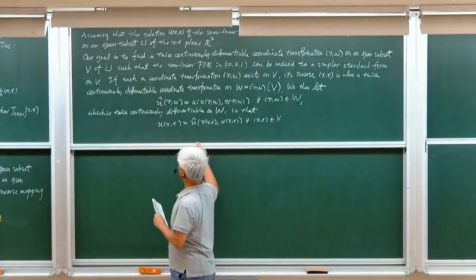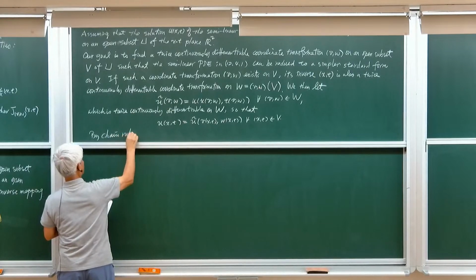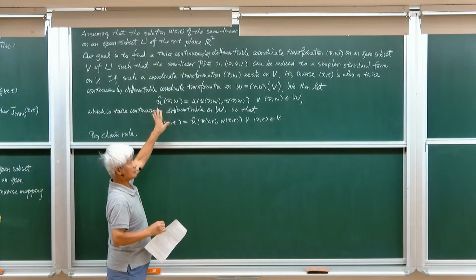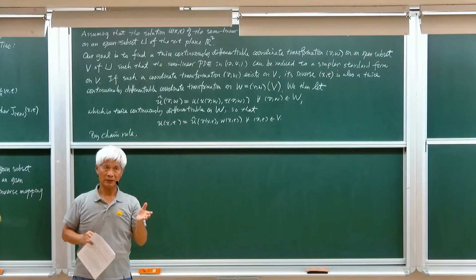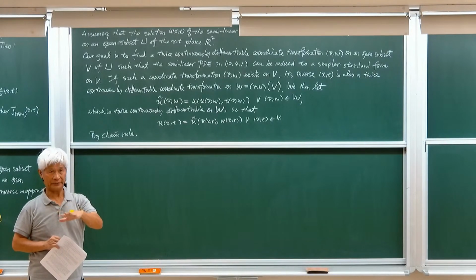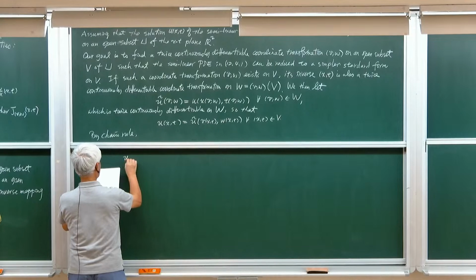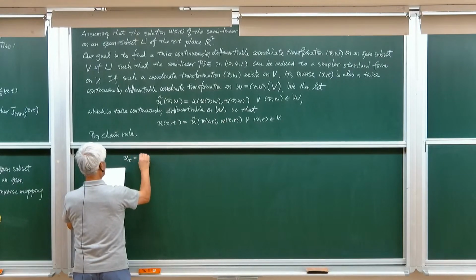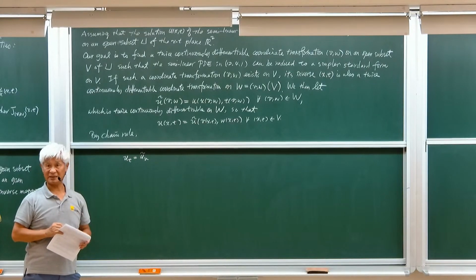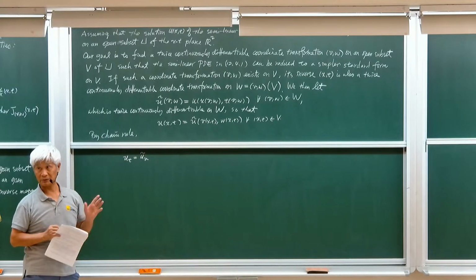All right, so by the chain rule, now we want to know that this U tilde must be the solution for the corresponding PDE in the VW plane. Okay. All right. So this is quite similar to what we have done when we used the method to find the general solution of the one-dimensional wave equation last Tuesday.